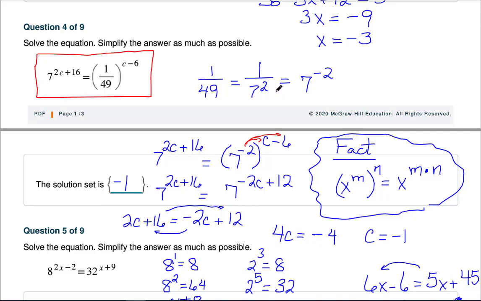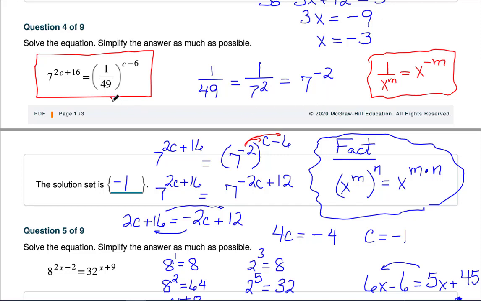Now 1 over 7 squared. Well, that's one of these other facts from rules of exponents. 1 over x to the m is really x to the minus m. So a negative exponent is just 1 over x to the positive exponent. So this 1 over 7 squared is really 7 to the minus 2.